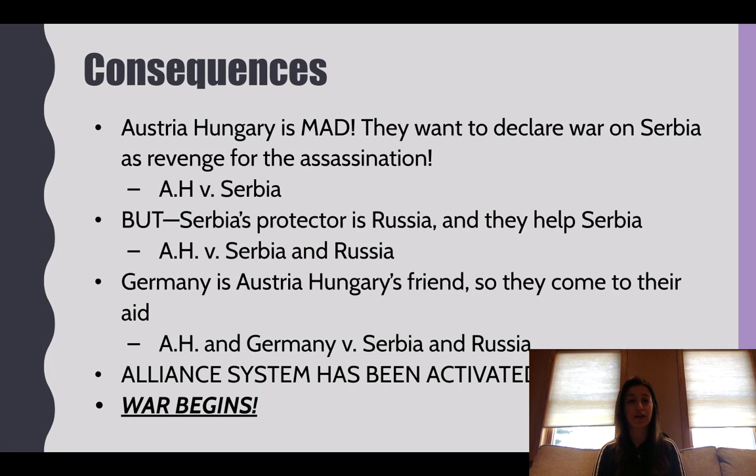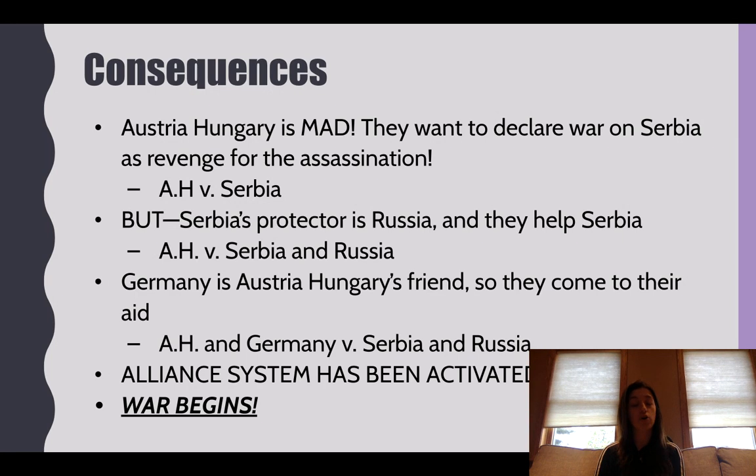And so what are the consequences? Austria-Hungary is mad. They want to declare war on Serbia as revenge for the assassination. So you have Austria-Hungary versus Serbia. But Serbia's protector is Russia, and they come in and want to help Serbia. So now we're at Austria-Hungary versus Serbia and Russia. Well, Germany sees this and is Austria-Hungary's friend, so they come to their aid.